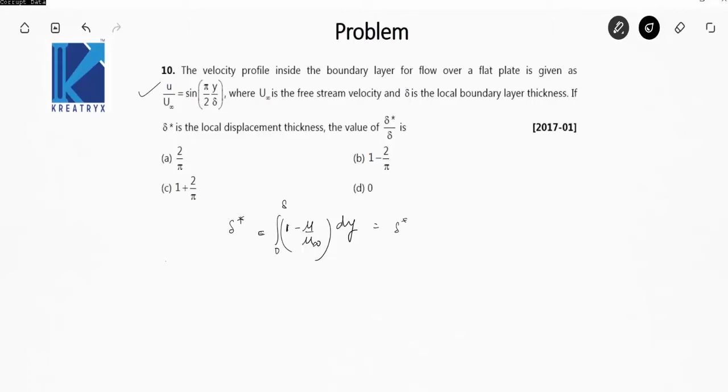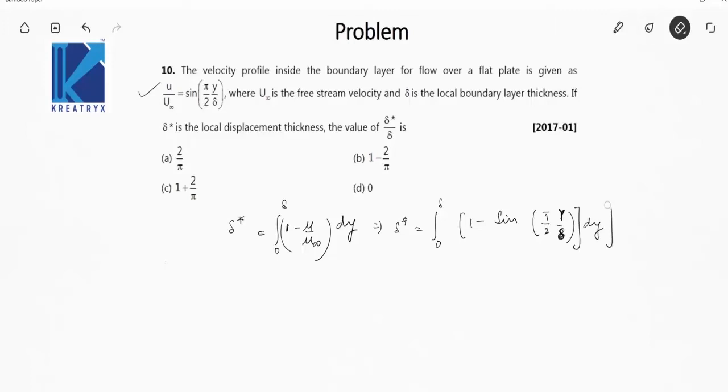So delta star is equal to the integral from 0 to delta of 1 minus sine of pi by 2 y by delta, dy. Solve it.